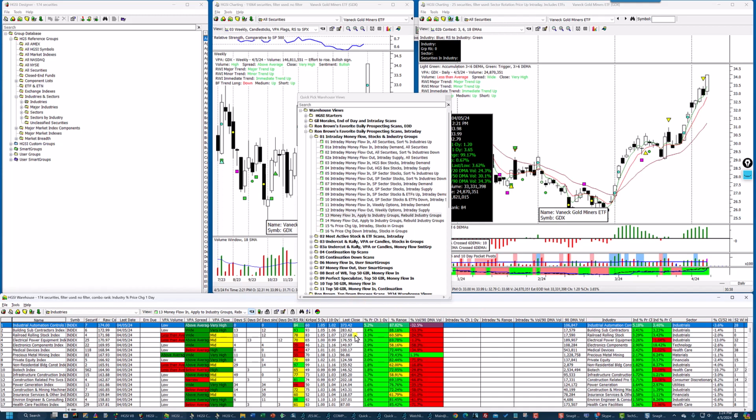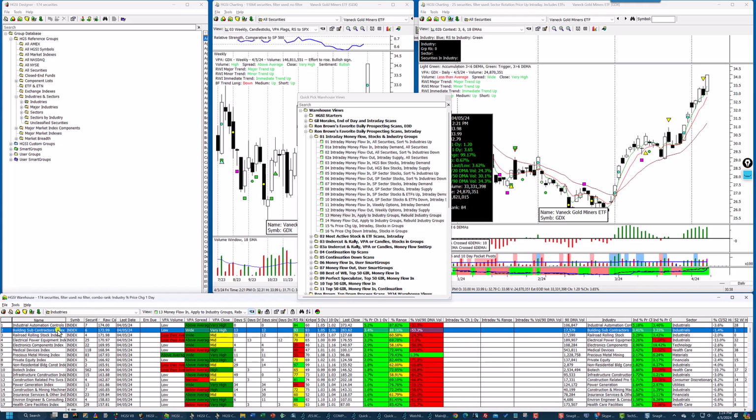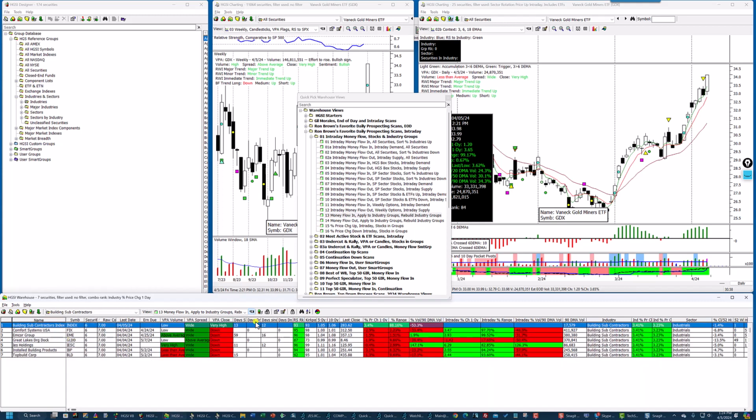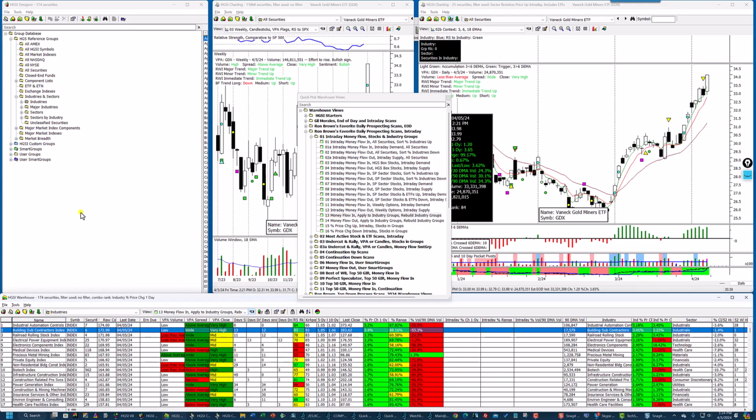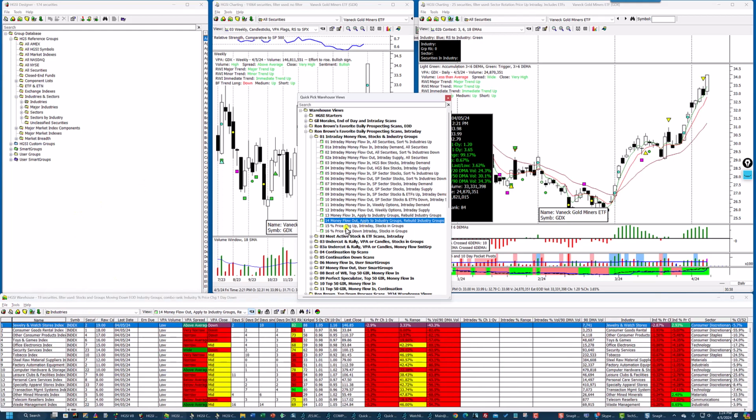I don't use that too often, but notice that I put the intraday fields in here, so you can just change to the index group and see which of these stocks within the group are going up. Quite a few of them in this group. Anyway, I don't use that very often, but it's in here because it serves a purpose.